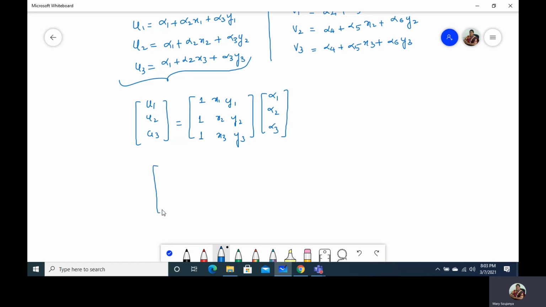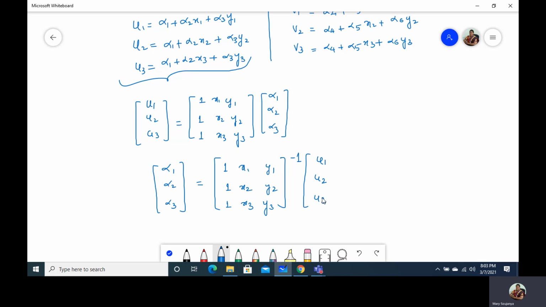Now, for finding alpha 1, alpha 2 and alpha 3, this can be written as the inverse of [1 x1 y1; 1 x2 y2; 1 x3 y3] into u1, u2, u3. Equation number 2.